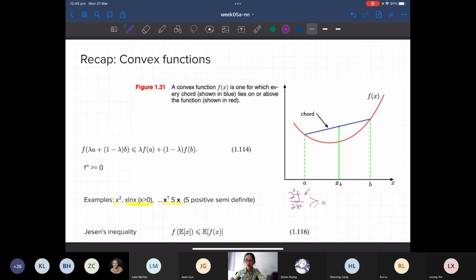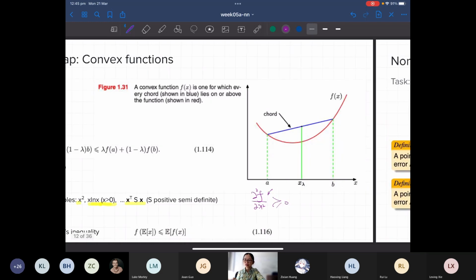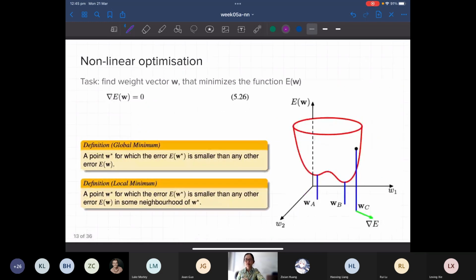Right. And we also saw Jensen's inequality. Don't need to dive into that in this lecture. So bearing in mind, we want to look at first and second order derivatives because the first order derivative tells us where to go to minimize or maximize the function. The second order derivative tells us the local shape around a particular point.